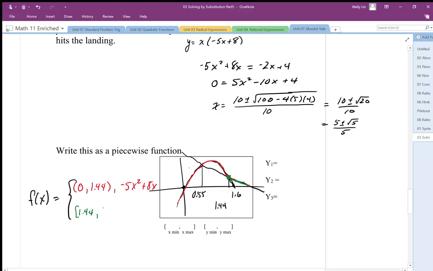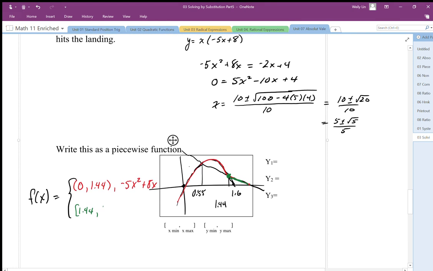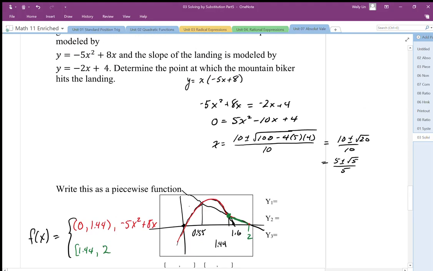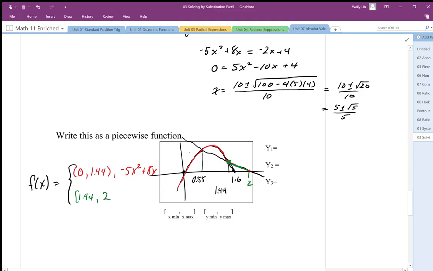Where the green line crosses the x-axis, that's where x is equal to 2 seconds. I can solve this equation equal to 0, and that's going to give me my endpoint there. So from 1.44 to 2 seconds, it's going to follow negative 2x plus 4.